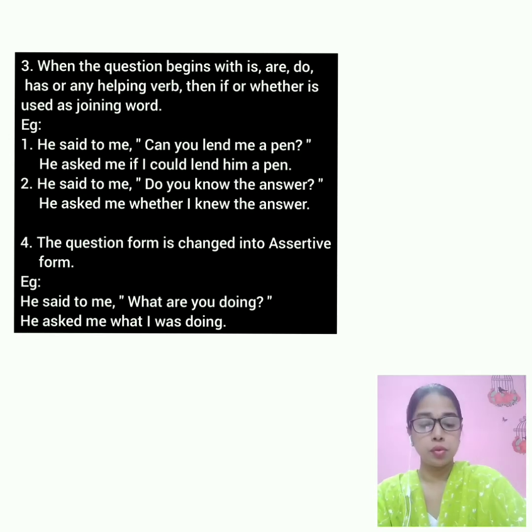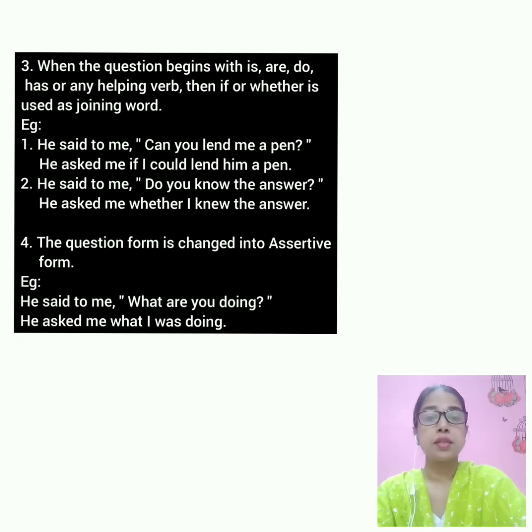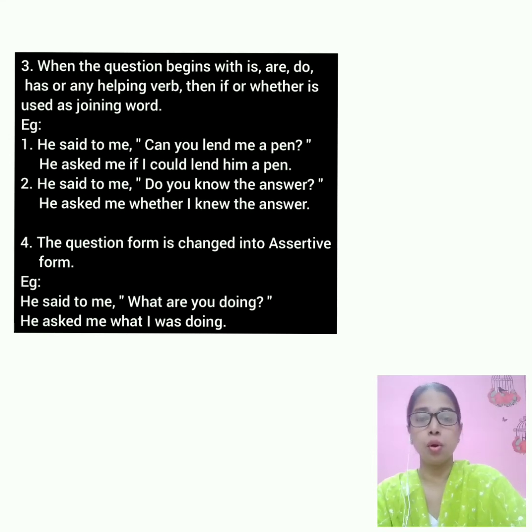Now in the example you can see, he said to me, can you lend me a pen? So here the question is such that the answer will either be yes or no. Yes, I can lend, or no, I cannot lend. So in such a case you will be using the joining word if or whether.